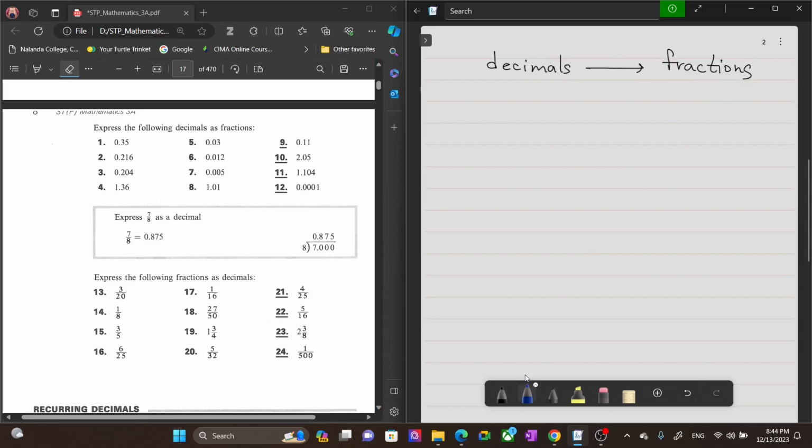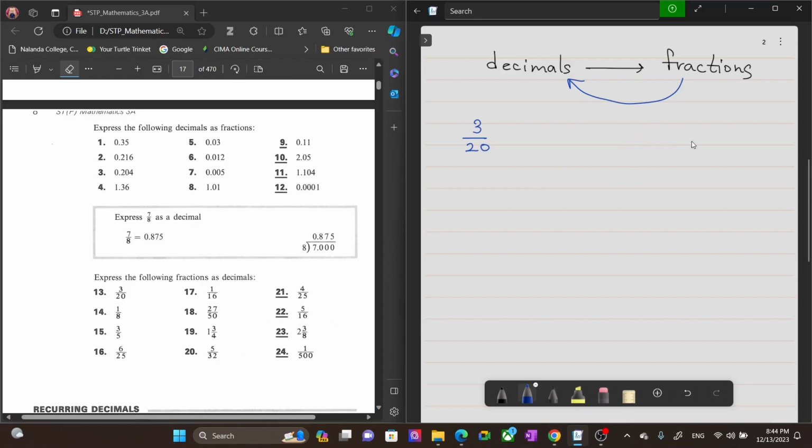Now we are doing fractions into decimals. Let's take an example, 3 over 20. They are telling us to convert 3 over 20 into a decimal. What do we have to do? Just divide 3 by 20.